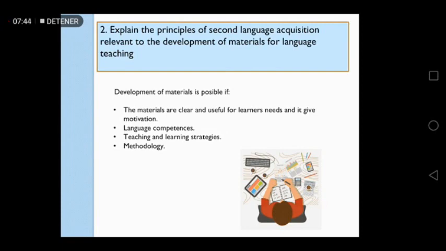Second, the language competences. Third, teaching and learning strategies, not only of the teacher. The students can use their own strategies too for learning a language. And finally, the methodology.